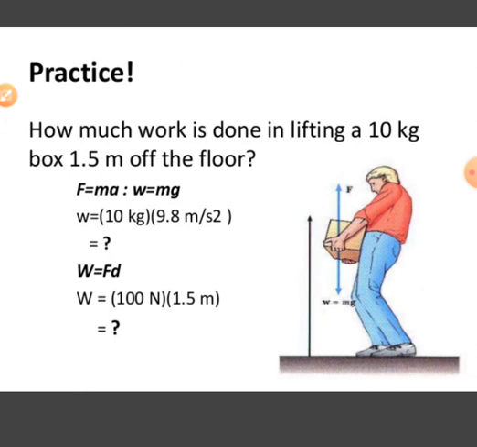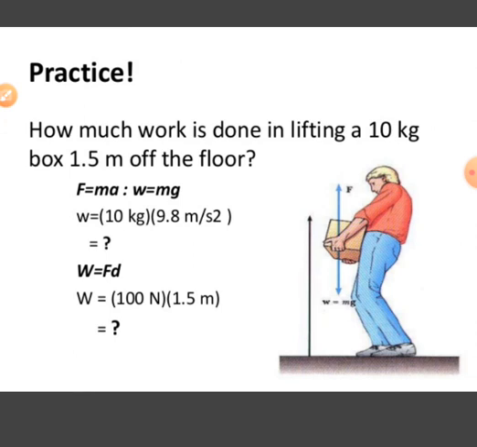And don't forget, acceleration due to gravity is a constant, which is 9.8 meters per second squared, or sometimes referred to as 10 meters per second squared. If you multiply that through, our weight is going to be 98 newtons, which is approximately 100.